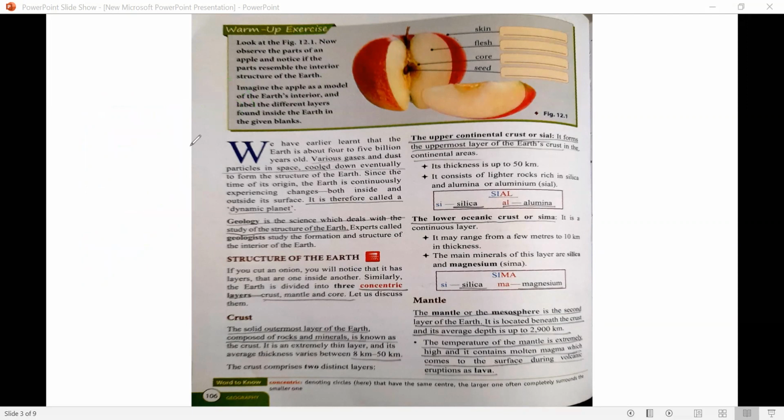Now, what I want to explain over here is, as I told you, that geology deals with the structure of the Earth. Why did I tell you about the structure? Because geology takes place in this chapter.